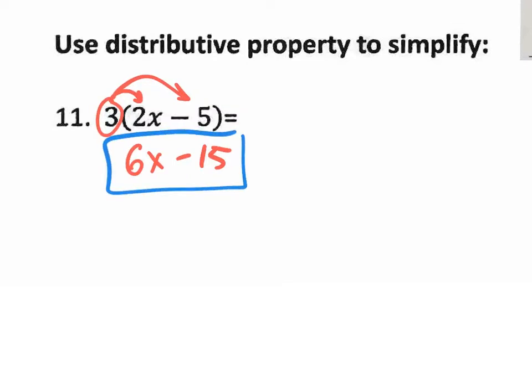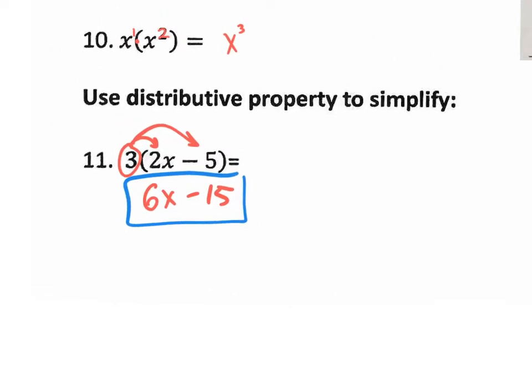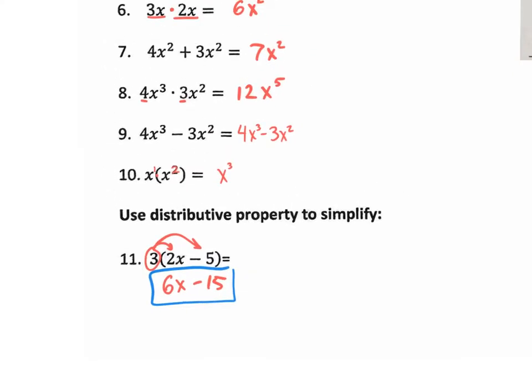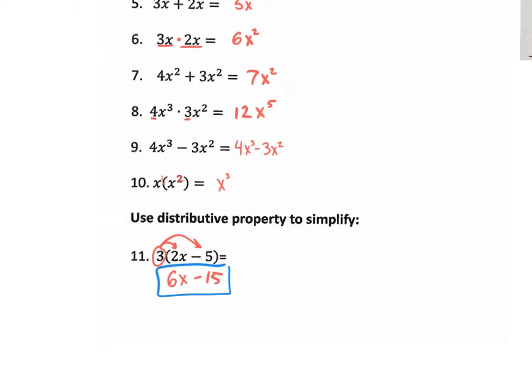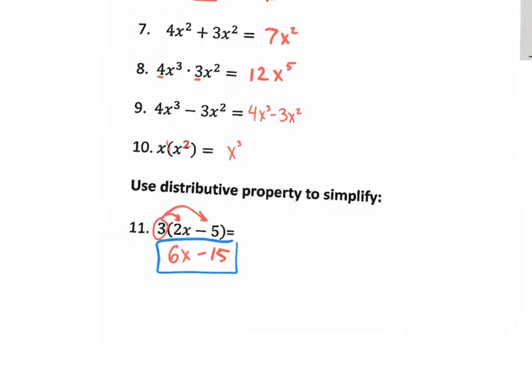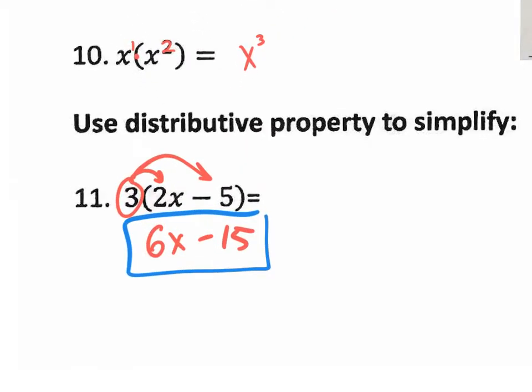Now this class opener is showing the prerequisite skills to be able to do this next section, which is 8.2. So the best way to tackle this 8.2 is to just start doing problems on the homework. Why? Because it really is just distributive property. So today's section is distributive property, but with polynomials.